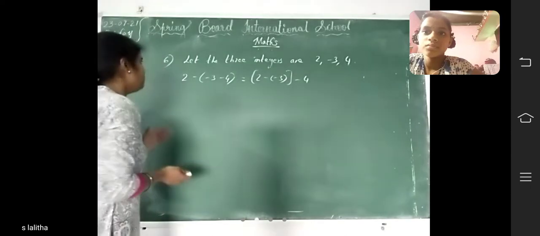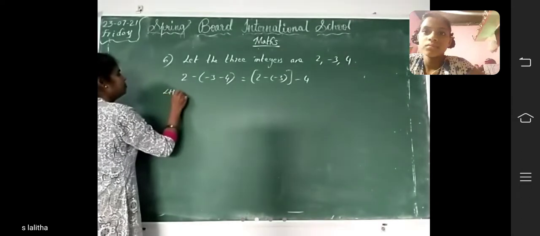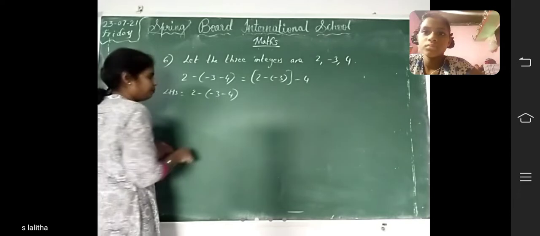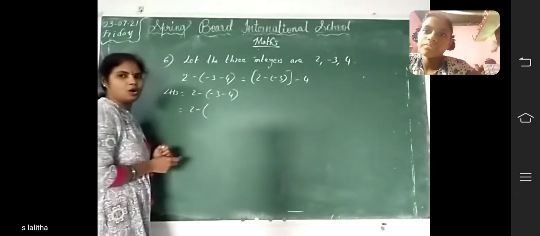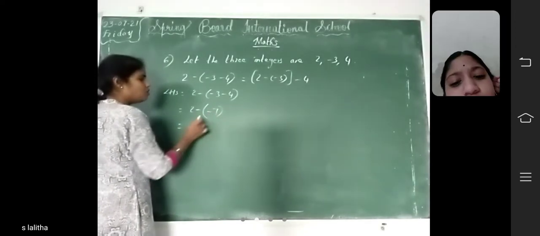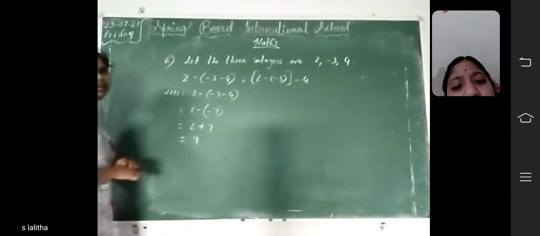So first you should solve the left hand side. What is the LHS here? 2 minus (minus 3 minus 4). How much? Minus 7. So 2 minus of minus 7 is 2 plus 7, how much? 9.